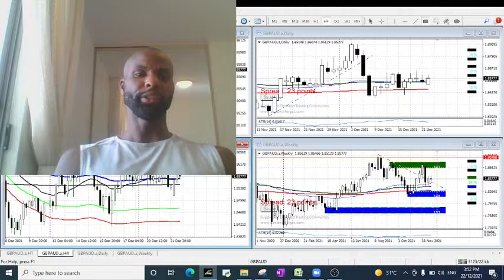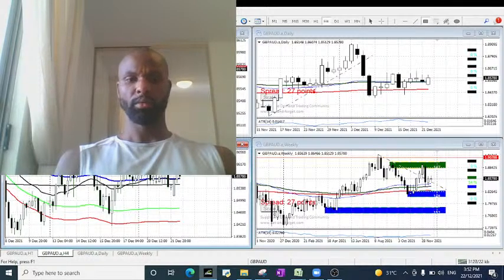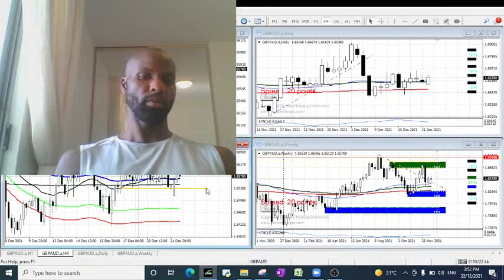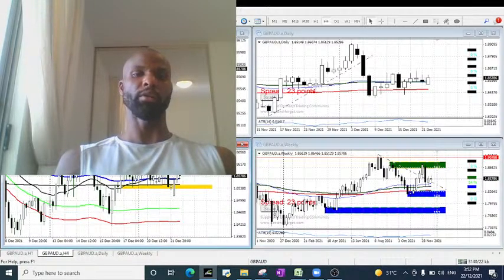So in a range, you want to be selling the top of the range and buying the bottom of the range. So we've hit the top, and price seems to be showing some weakness. Depending on how this candle closes, we might take a sell right here, targeting this zone right here.